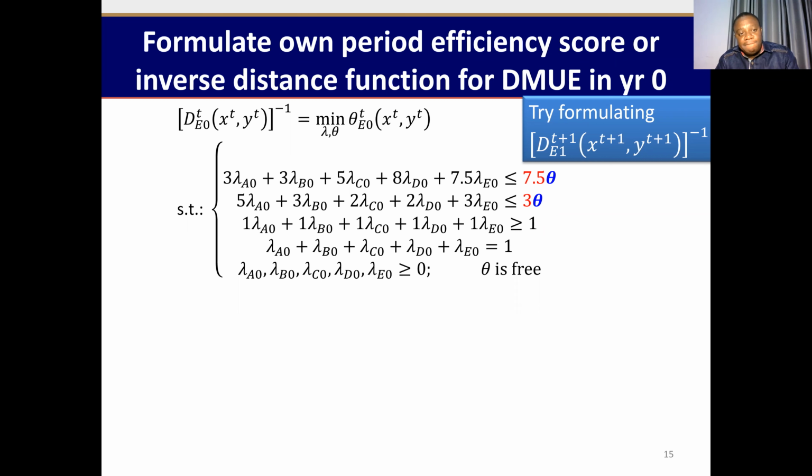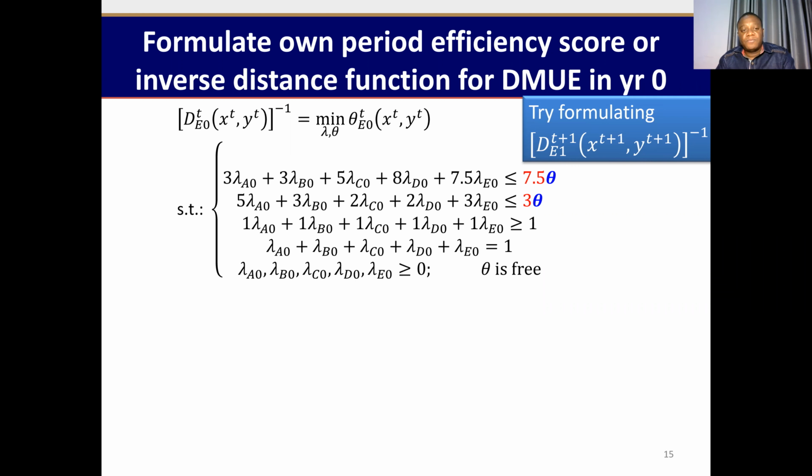Yes, D^E1, raised to the power T plus 1, into brackets X^(T+1), Y^(T+1). Then we close the brackets, exponent minus 1. Minimize theta, X^(T+1), Y^(T+1), all in brackets.